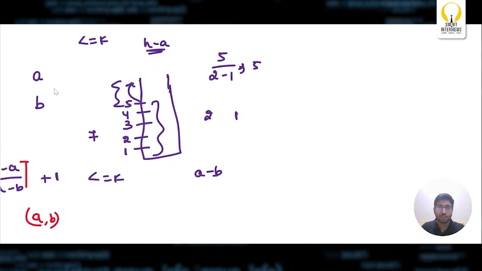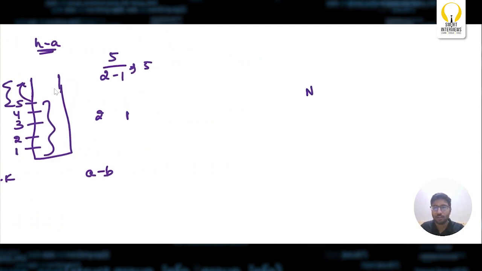So let's say we are given the values of N, K, and H. We want to find the number of pairs A and B, which will be the jumping power of the frog and slipperiness of the well, and this will help us to climb the well within K seconds.